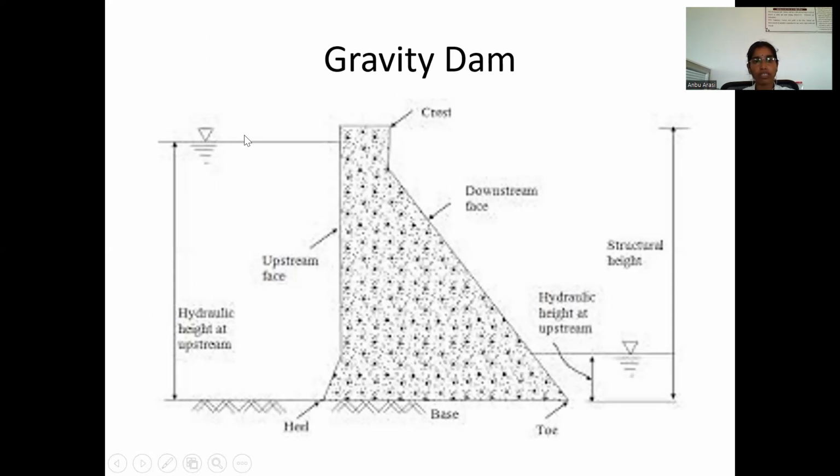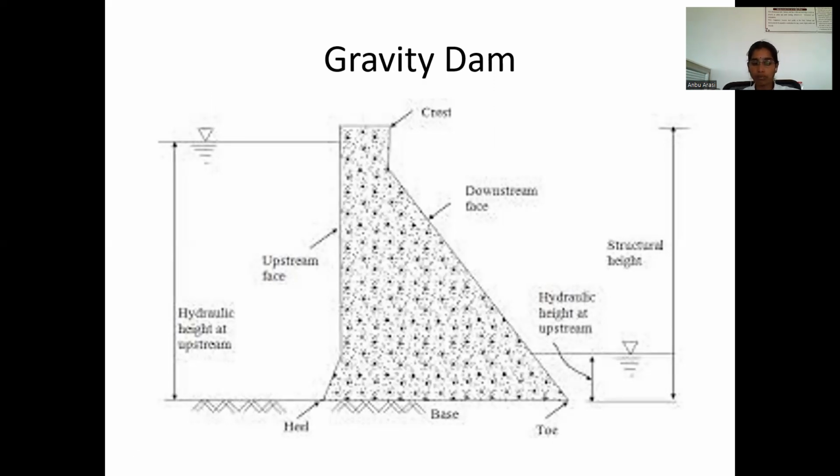That side is called the upstream side, and this portion is the downstream side. The top portion is called the crest, and the bottom portion is known as the base. In front of the downstream side is known as the toe, and this side is called the heel.